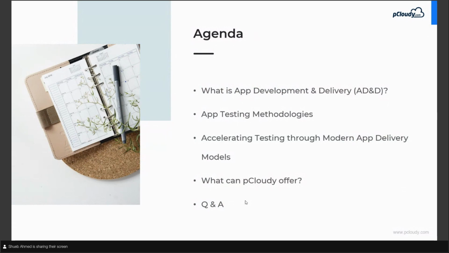Then we will look into various application testing methodologies, and how you can accelerate testing through modern app delivery by using various models. At the end we will also touch base on how pCloudy can help. In this case, we will have a quick demo followed by the presentation slides, and then at the last we will open up for a quick Q&A session. So without any further delay, let's get started.